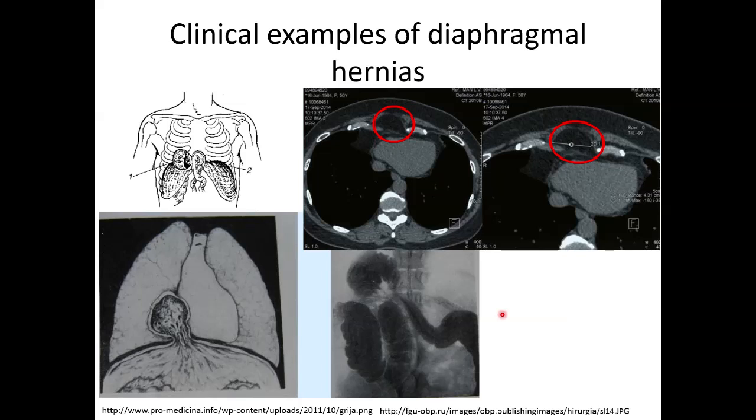In the right part, I use the magnification of it, and we can see that this is the sternum, and this is the heart, and in the place between the anterior thoracic wall and the heart, some organ entered into the chest from Larrey's triangle.